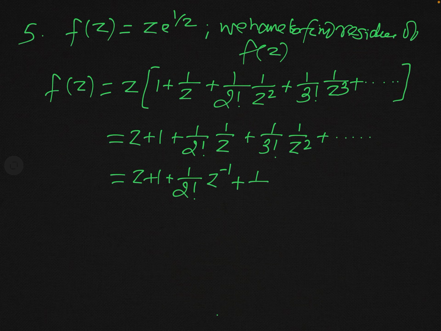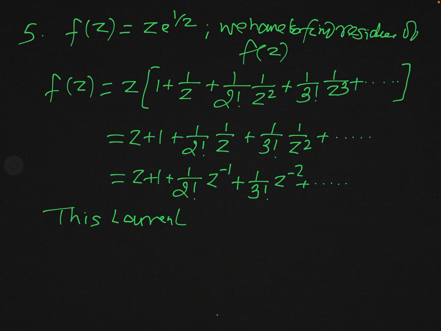And you can write this as z plus 1 plus 1 over factorial 2 z to the power minus 1 plus 1 over factorial 3 z to the power minus 2 and so on.